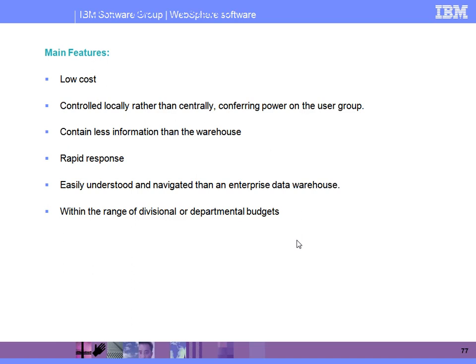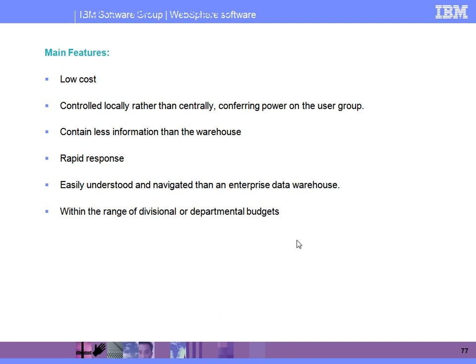And one more thing: if you are maintaining the biggest database system, that is the data warehouse, we can control it locally rather than centrally. If it is a huge data warehouse system, you need to maintain it globally; instead of maintaining globally, it's better to control centrally.